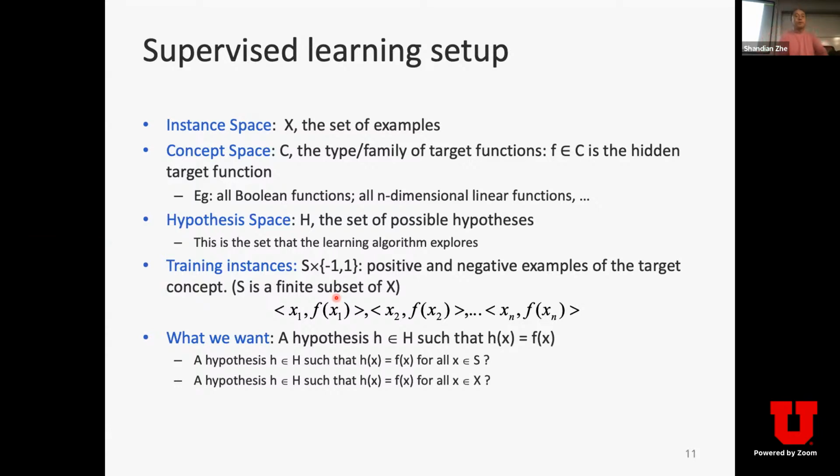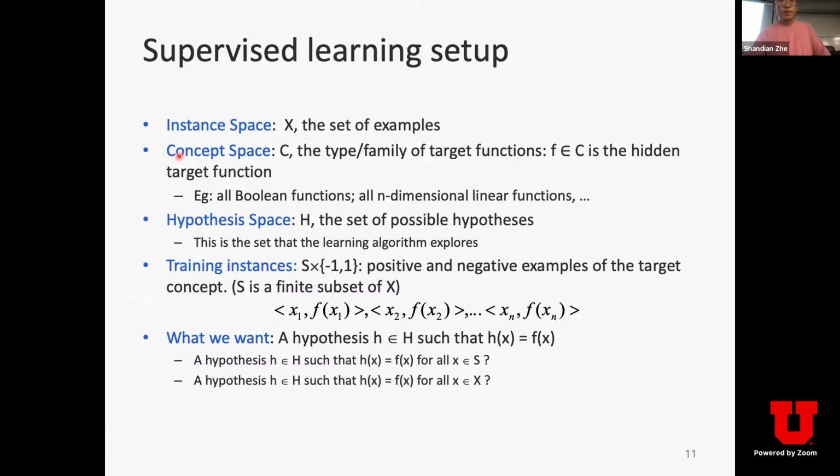Okay, so first, again, we're going to talk about the instance space X, namely all kinds of instances that could be used for training or testing. In many cases, this instance space is infinite, because your features, your attributes, could be continuous.